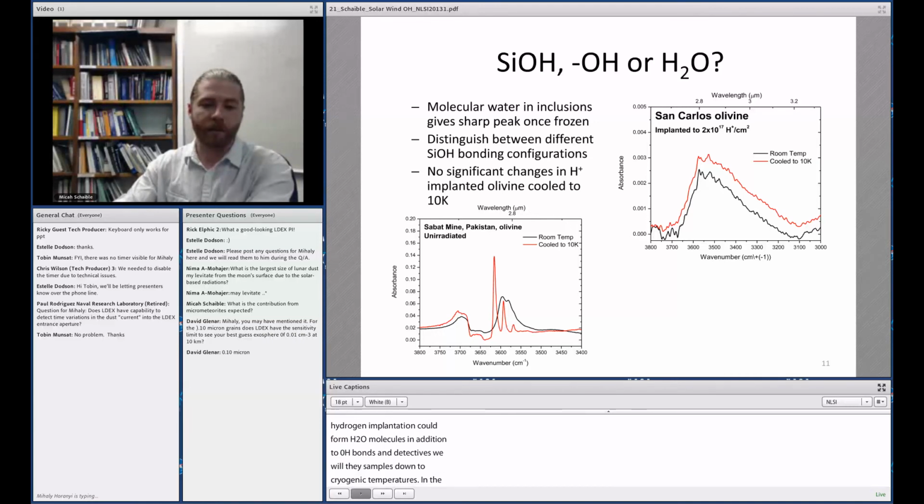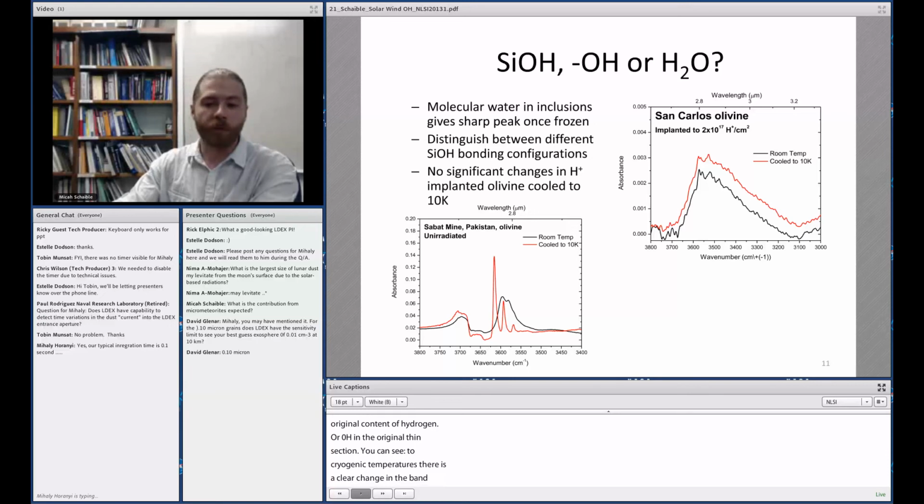In the bottom left here, you can see another olivine sample that has a much higher original content of hydrogen or OH in the original thin section, and you can see that on cooling to cryogenic temperatures, there's a clear change in the band structure of that 3-micron band due to OH.